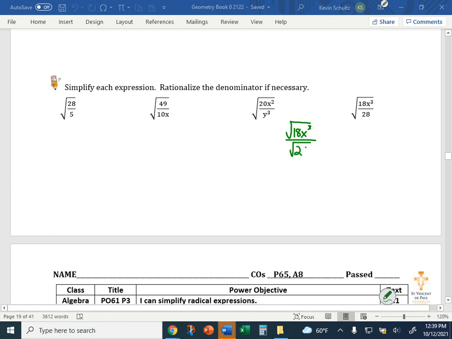Since it is a fraction, deal with each one separately. You can do that. What else could you do before splitting up, though, Drew? You can simplify 18 and 28. That would be 9/14. So in your numerator now, you get 9x cubed over 14.